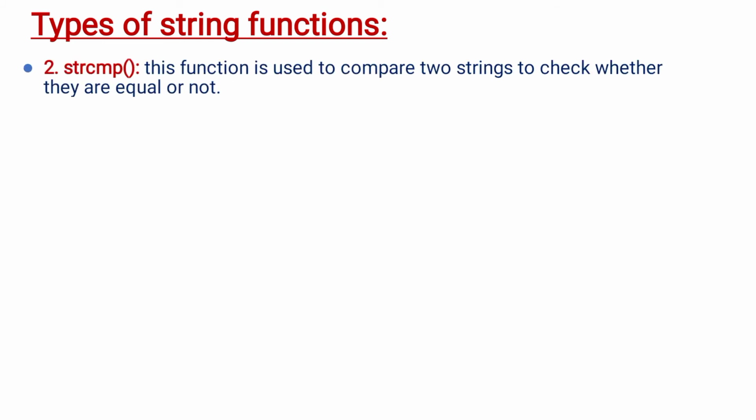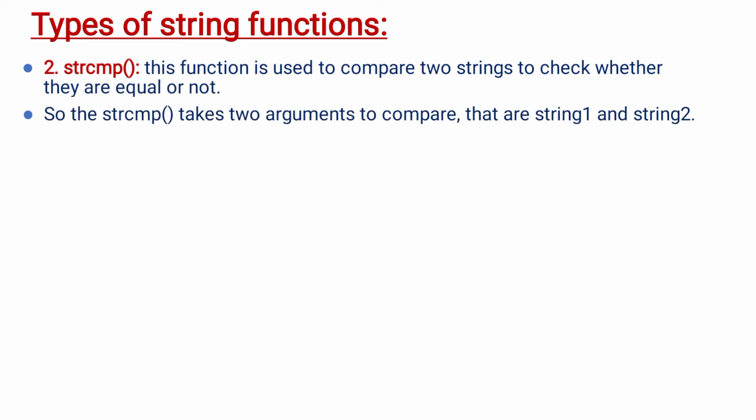Number 2, strcmp, the string comparison function. It is used to compare two strings to check whether they are equal or not, and produces the result accordingly. It takes two arguments to compare, string 1 and string 2.